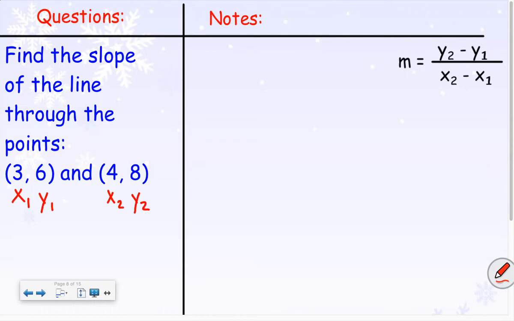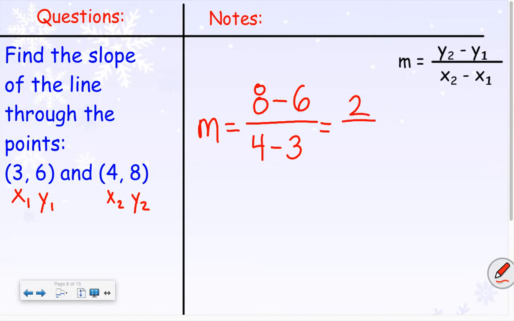Then if I follow the formula, it's m equals y2, which is 8, minus y1, which is 6, over x2, which is 4, minus x1, which is 3. Then I can simplify that. 8 minus 6 is 2, 4 minus 3 is 1, so my slope is 2.